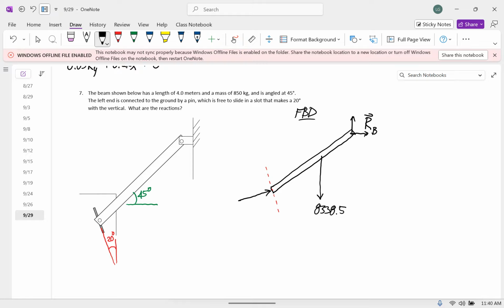For a pin and slot joint, it has to be perpendicular to the slot. I could draw that force going up and to the right, or down and to the left. Those are the two perpendicular directions, and either one of those is fine. You'll get the right answer either way in a pin and slot joint.